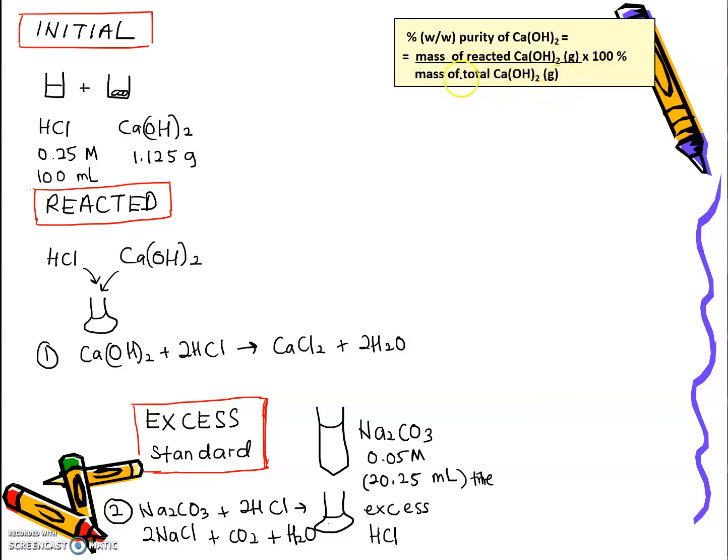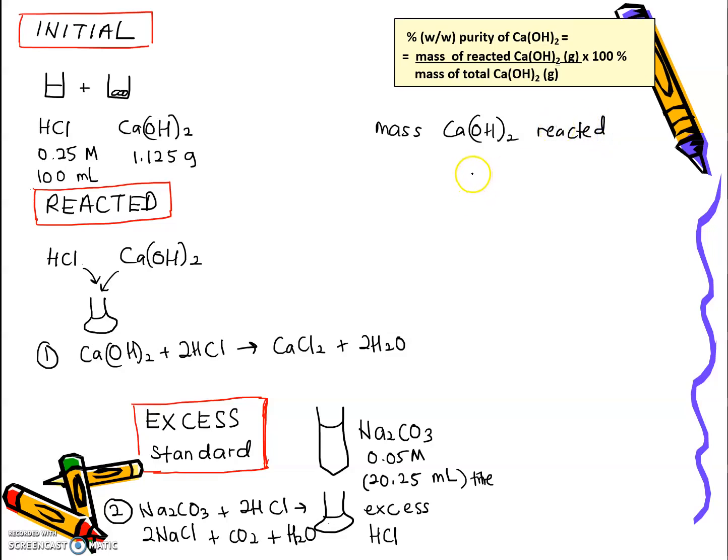Okay, so to find the percentage weight per weight purity of calcium hydroxide, you have to know the mass of reacted calcium hydroxide here. Okay, mass calcium hydroxide reacted.